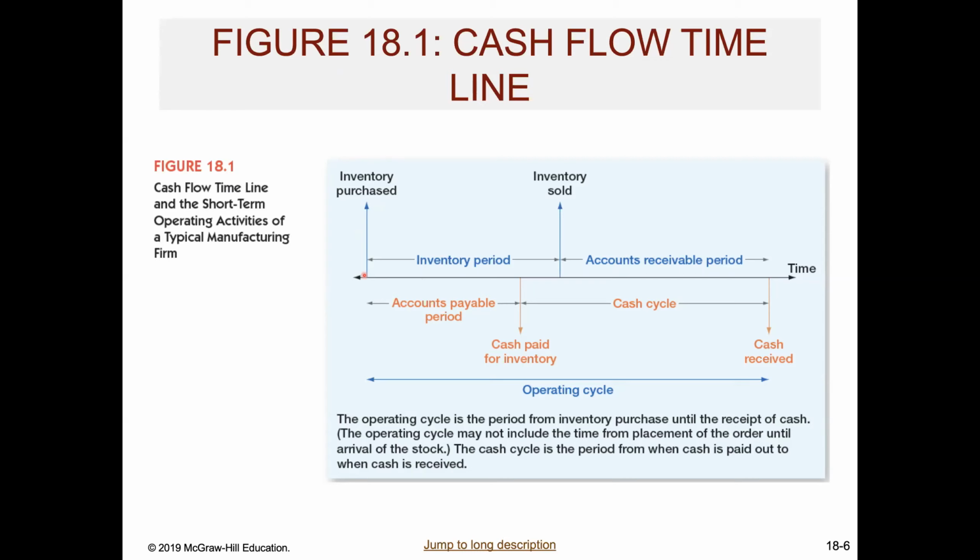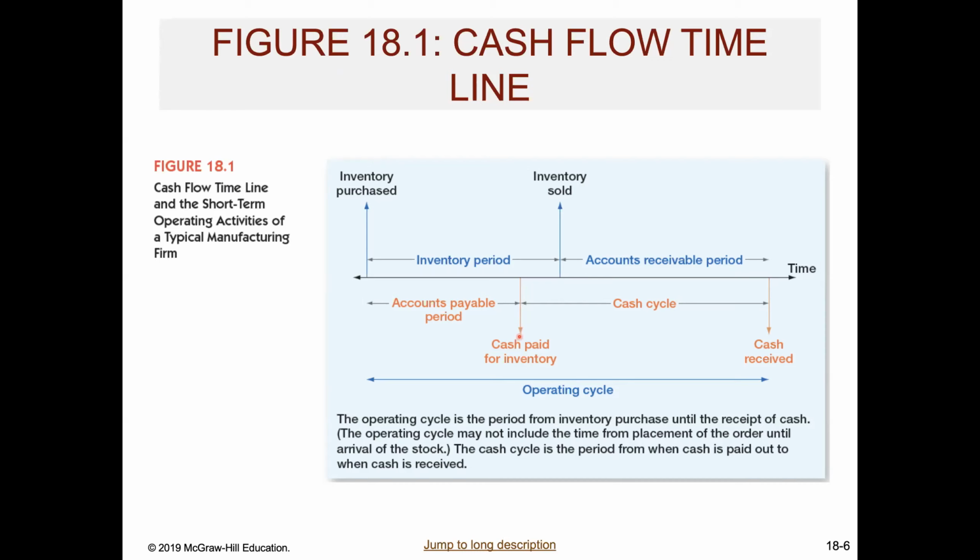Down here, we've got accounts payable period. So we've ordered the inventory, we've received it, but we don't pay for it until cash is paid, cash paid for inventory. So during this time, from the time we receive the inventory to the time that we pay for it, it sits in accounts payable. We owe money to the supplier for that.